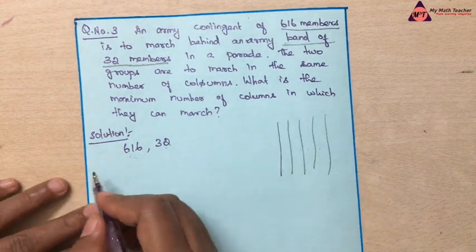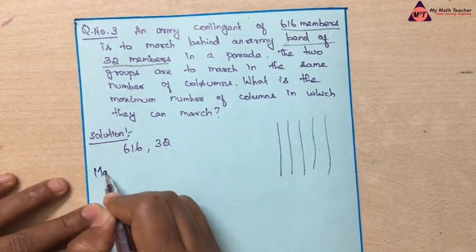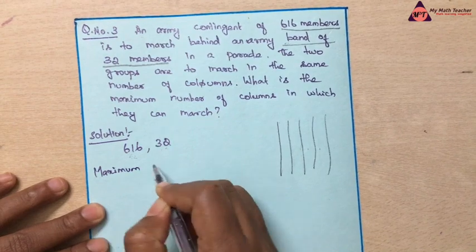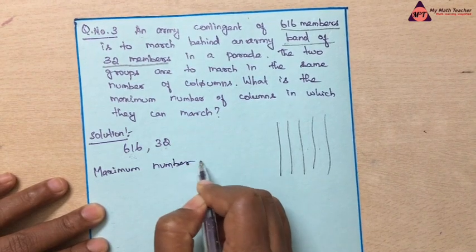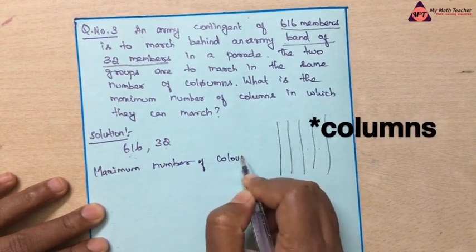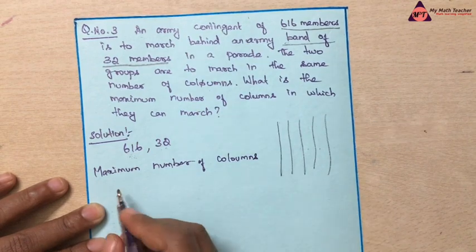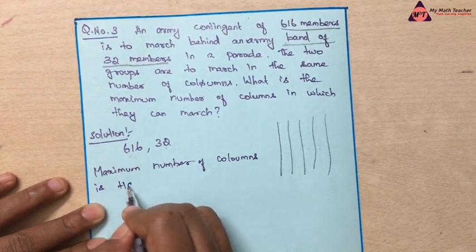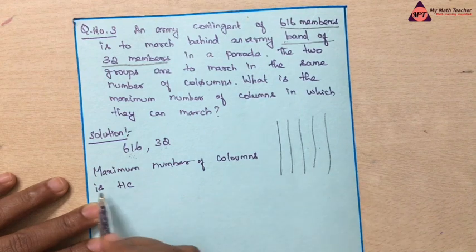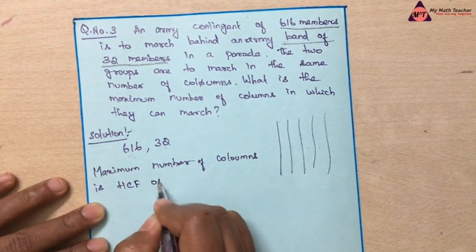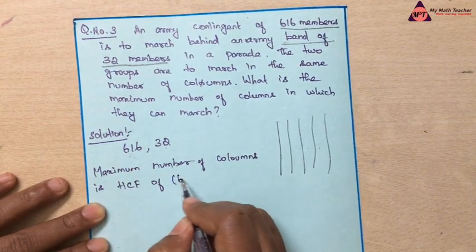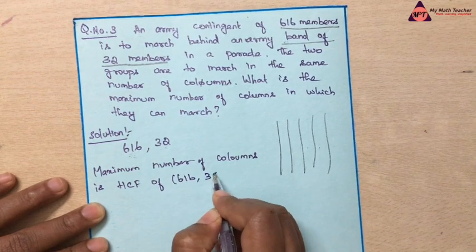So therefore, maximum number of columns is HCF of. To find the maximum number of columns, we have to find the HCF of these two numbers. What are the numbers? 616, 32.